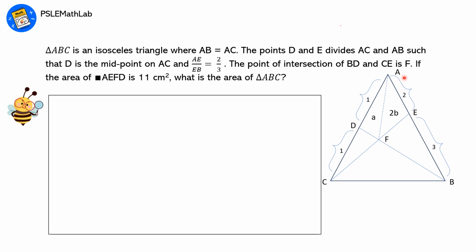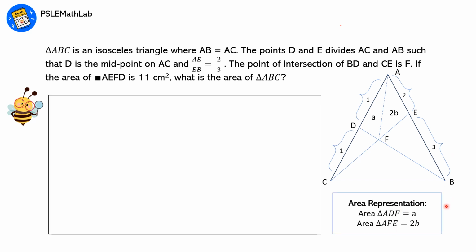Remember the ratio of AE to EB is 2 to 3, so it's easier to represent the areas of the other triangles if we use 2B. Otherwise, we'll have to deal with fractions. We can also draw our own notations along the sides AC and AB to remind us of the ratios of interceptions.